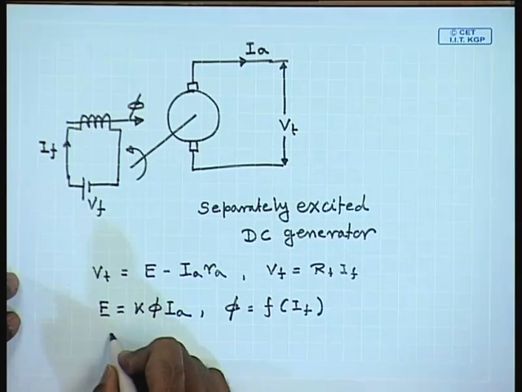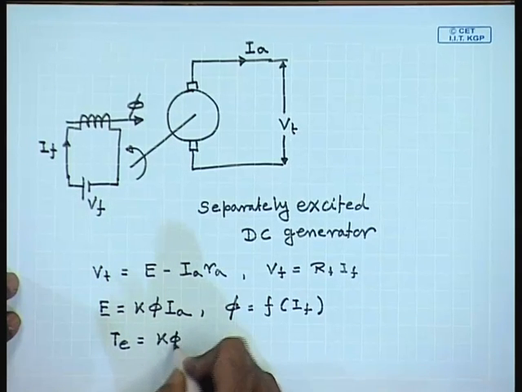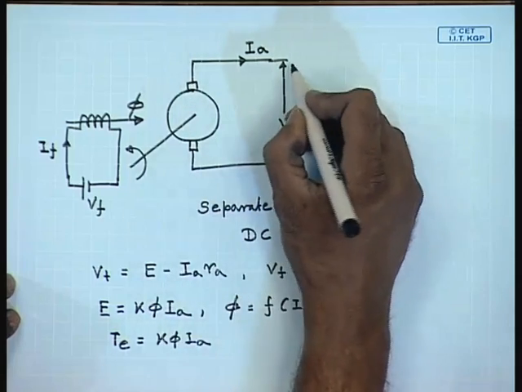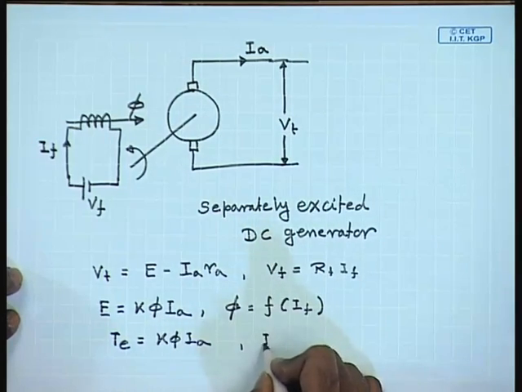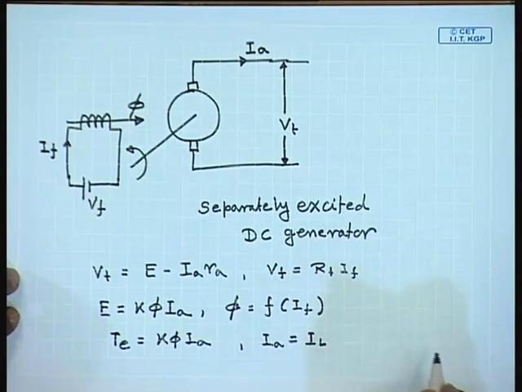The developed torque T E equals K phi I A.